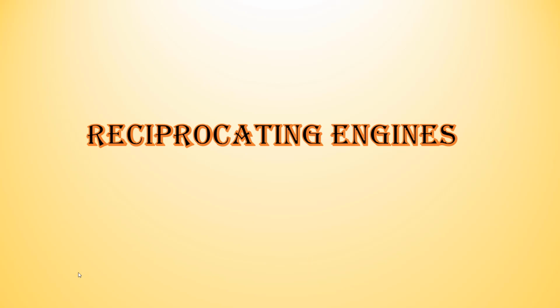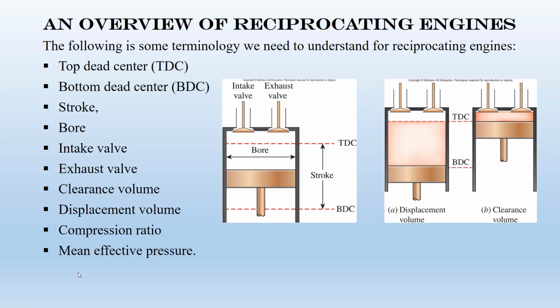So now we can gradually start the main topic of this chapter, reciprocating engines. What is the reciprocating engine? Normally, if you check your car engine, we have a piston and cylinder, and then in this piston and cylinder, air and fuel are provided, and then there's a combustion reaction here, and then there's intake valve, exhaust valve, and then we can just generate W shaft here, correct?